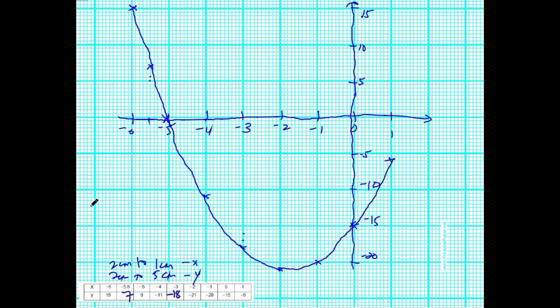So basically you do like this. You see negative 6 and 15. So negative 6 and 15, then negative 5.5 and 7.